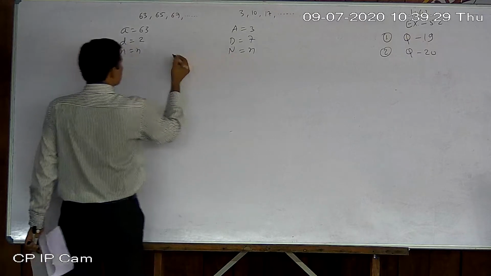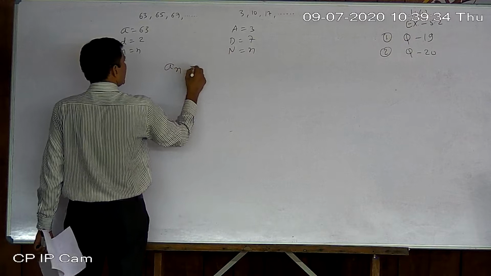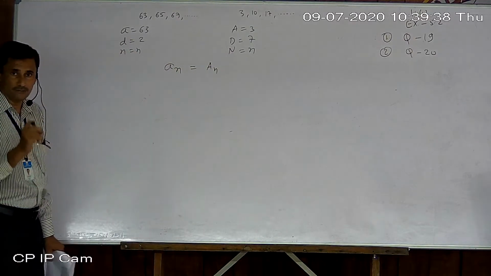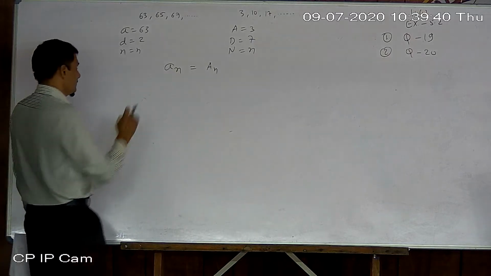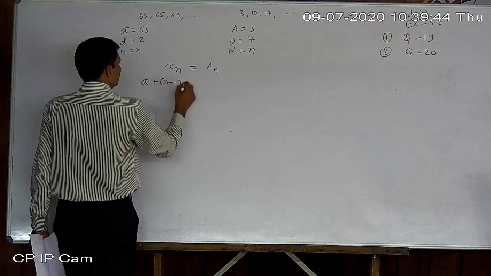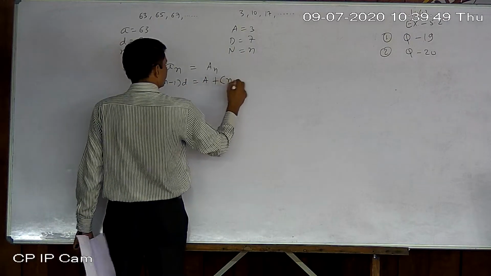So their condition is what? a_n equals a_n, both n-th terms are equal. So write down now the formula: a plus (n minus 1) d.